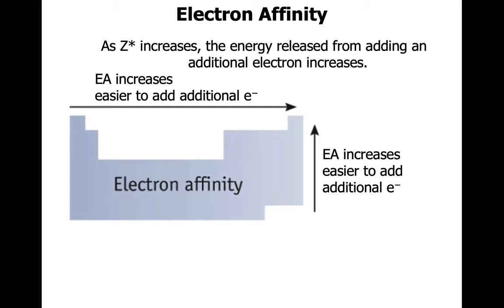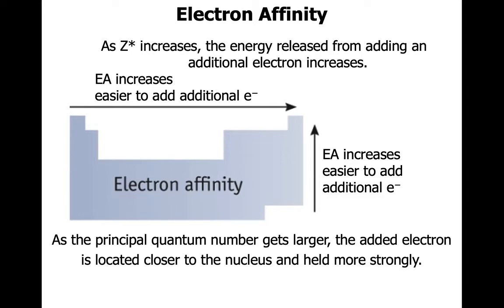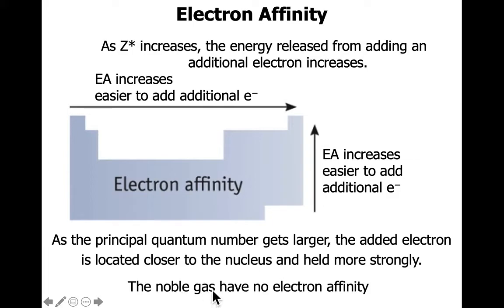Okay, as the effective nuclear charge increases, the energy released from adding an additional electron also increases. As the quantum number gets larger, going top to bottom, the added electron is located farther from the nucleus and more weakly held. And then finally, because this would be good especially for a multiple choice question, you need to remember the noble gases have no electron affinity.